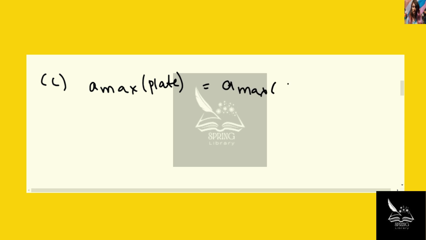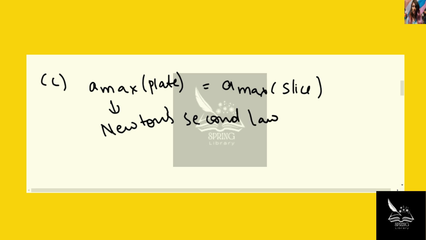In this C part, if the slice doesn't slip, the maximum acceleration of the plate will be equal to the maximum acceleration of the slice, which is determined by using Newton's second law for the slice.